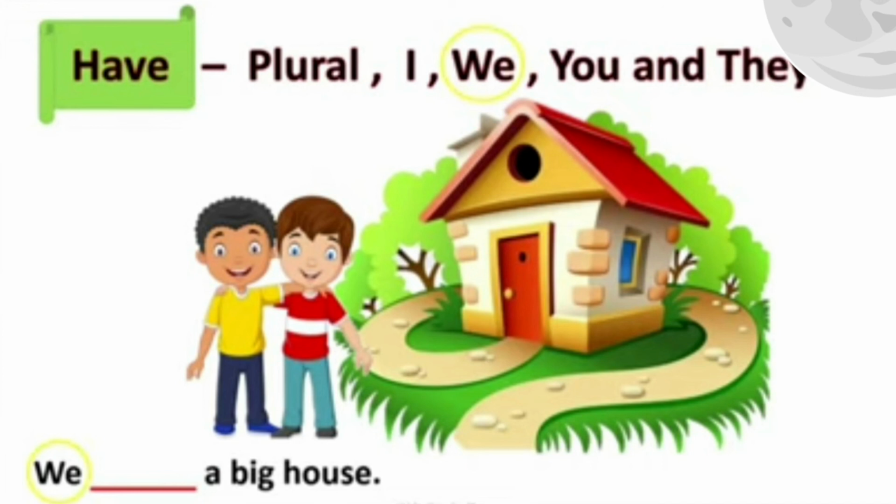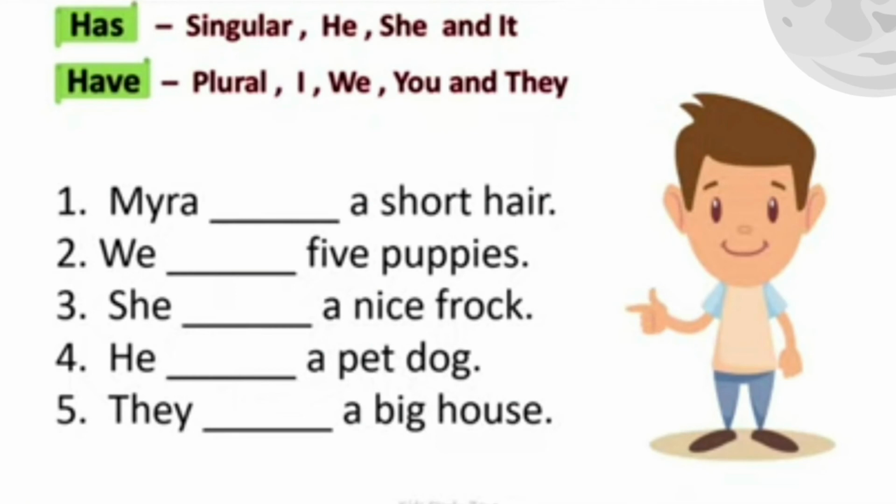Children, we is also there in the rule box. So after we should use have. We have a big house. So children, I hope all of you understand it. Now, let us follow the rule box and do the following exercise ourselves.